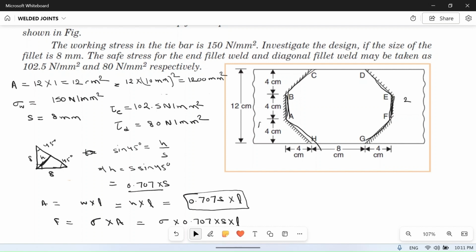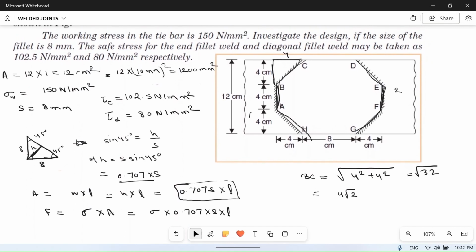As you see, this is given as height of the triangle is 4, and this is also 4, this is also 4. So what will be BC? BC is equal to, from Pythagoras theorem, root a square plus b square. So it will become 4 square plus 4 square, which is equal to root 32, so it will become 4 root 2.